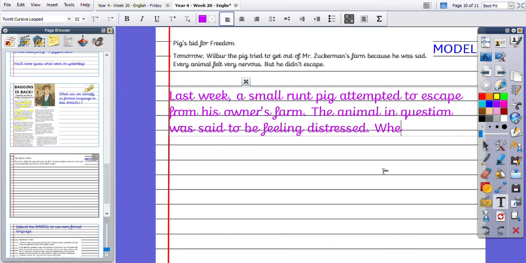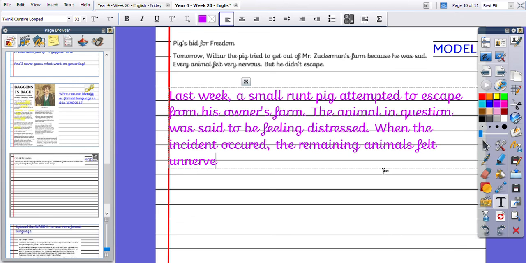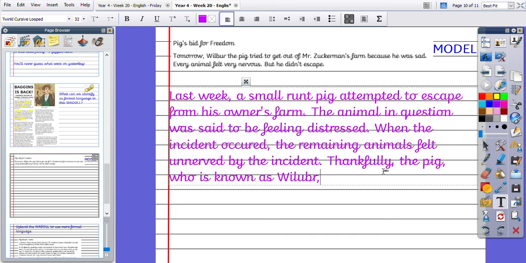Okay, so I've got to every animal felt nervous. So when the incident occurred, the remaining animals felt unnerved by the incident. Thankfully, the pig, who is known as Wilbur, did not succeed in his attempts.